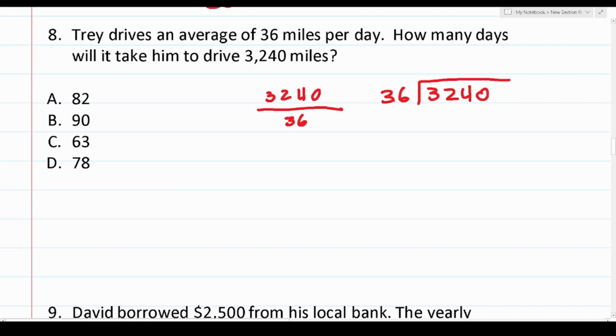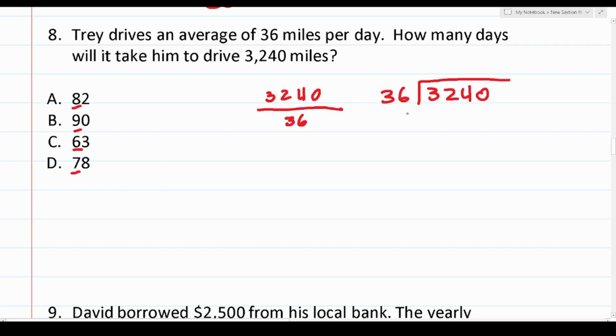It doesn't. How many times does 36 go into 32? It doesn't. How many times does 36 go into 324 without going over? It does, but we're going to use our answer choices to kind of guide our work here. It's either going to be 7, 6, 9, or 8. And let's think about it. 3 times 9 would be 27.